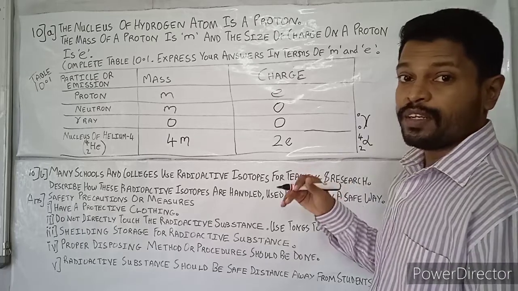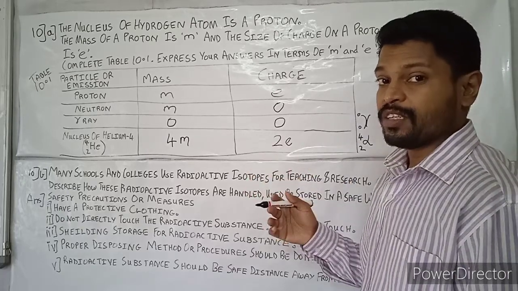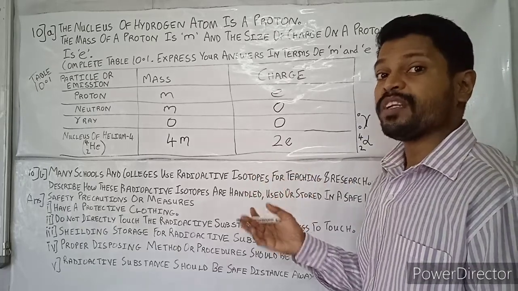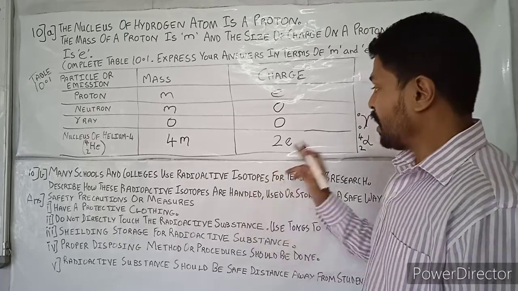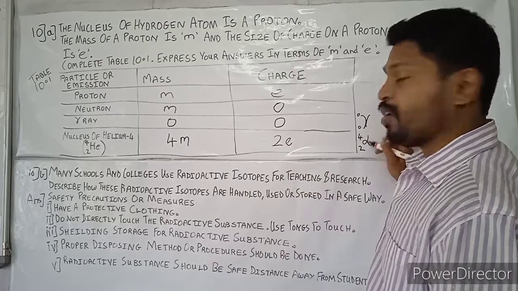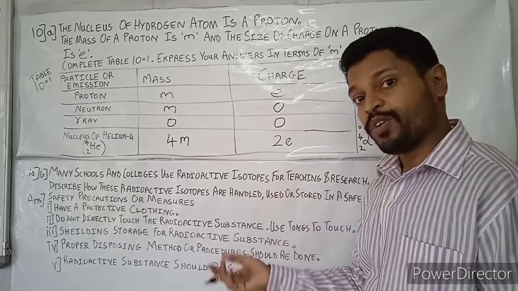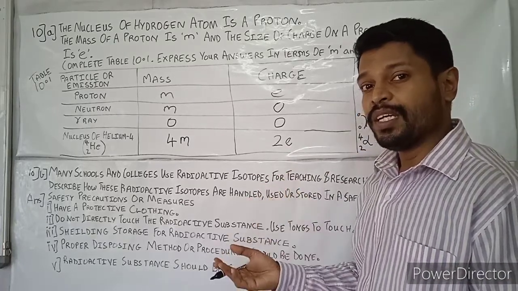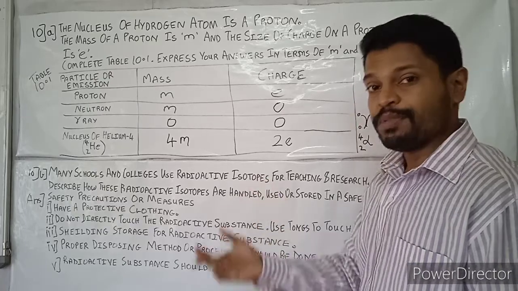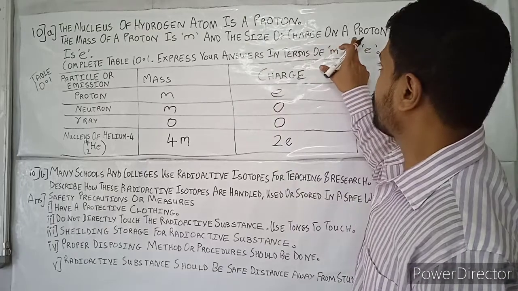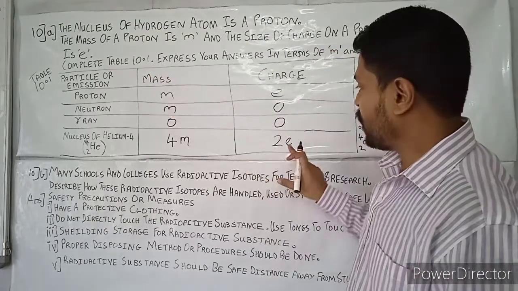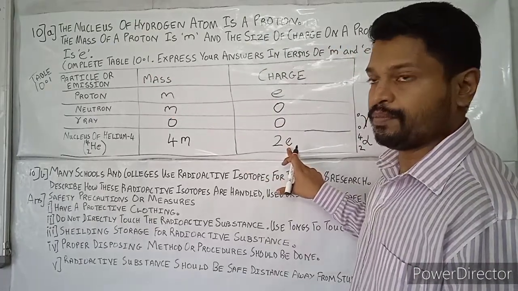In the previous class we already discussed that the number of protons and the number of electrons should always be equal. So the charge is 2 times the electrical charge. The size of the charge on the proton is e, so that is why 2 times e.